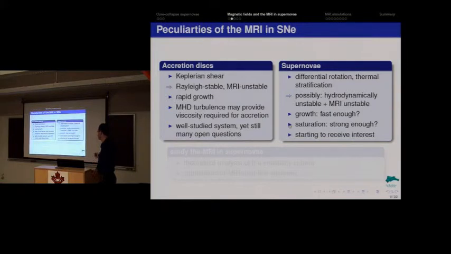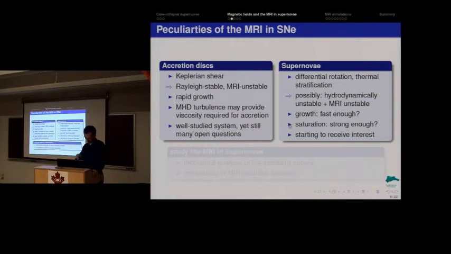So in the most extreme case, we have a system which is hydrodynamically unstable and MRI unstable, but all combinations are possible. Now we have to ask ourselves the question, is the growth fast enough, and does it lead to strong enough fields?